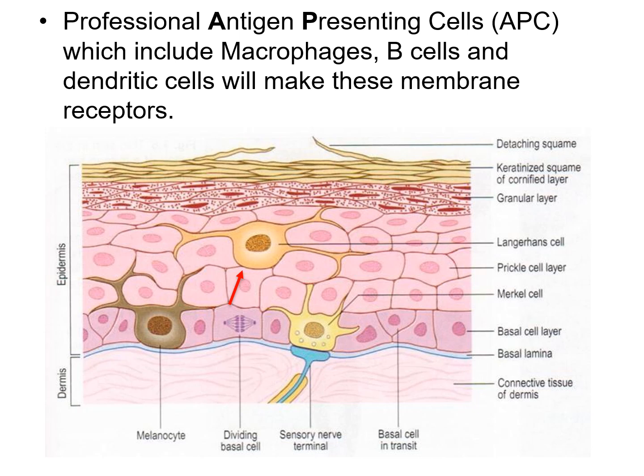We are going to specifically talk about the professional antigen presenting cells, which will include the ones I just discussed, macrophages, B cells, and dendritic cells that are located in the skin. And these antigen presenting cells will make a membrane receptor.